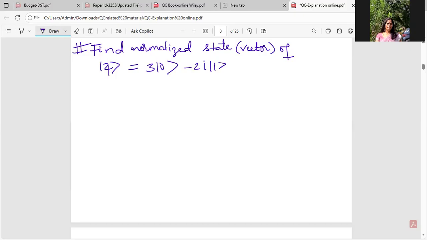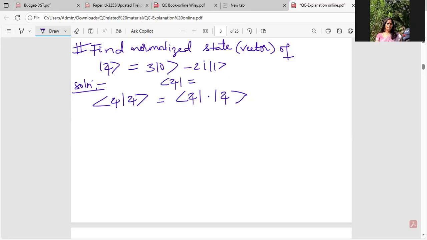Of course, the norm comes from the inner product, so I'll consider the inner product first. What would be the dual of ket psi? There are two versions here, let me do both.